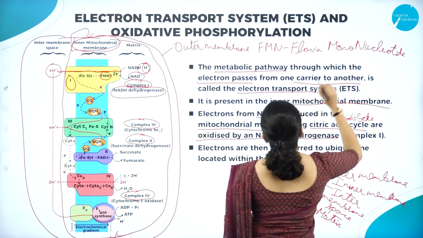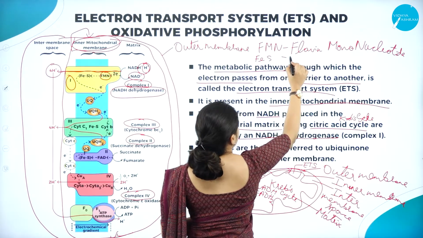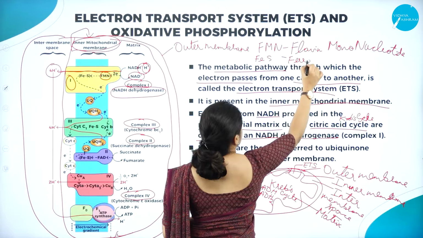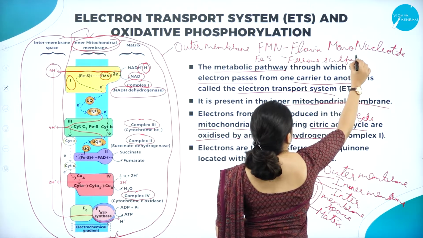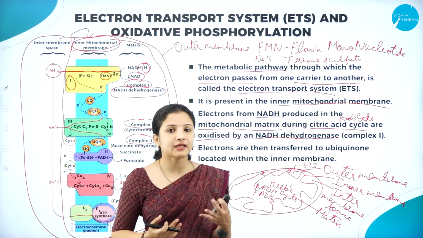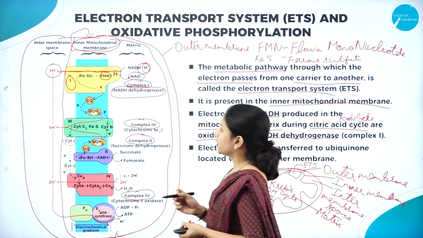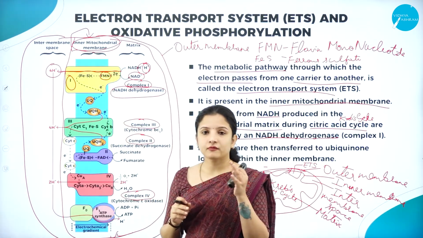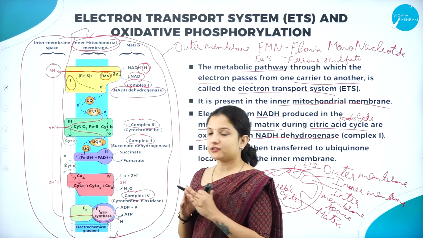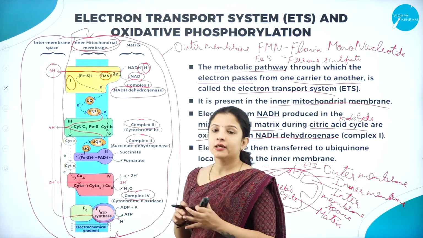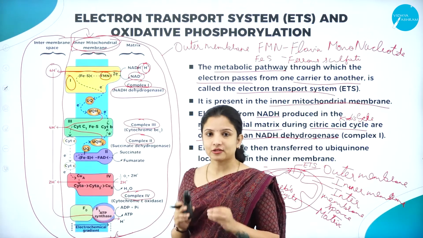And FeS, iron sulfate, also we can call it iron sulfur. So here the flavin mononucleotide and iron sulfur are present in the form of a complex. They are present in this particular complex. So that is why it is called a complex. So that is why complex 1 is also called the NADH dehydrogenase complex.